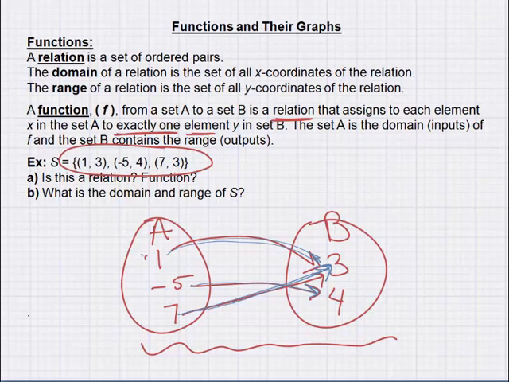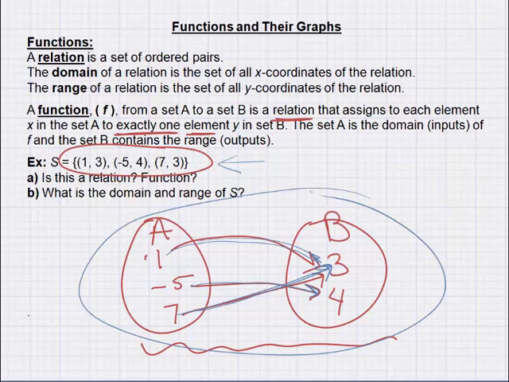Yes. This is a function. I think when you see the ordered pairs, it's easier to draw this mapping picture and then see if you have a function by asking, does it follow the definition? Does each element in set A get matched to exactly one element in set B? And that's the key, exactly one element.